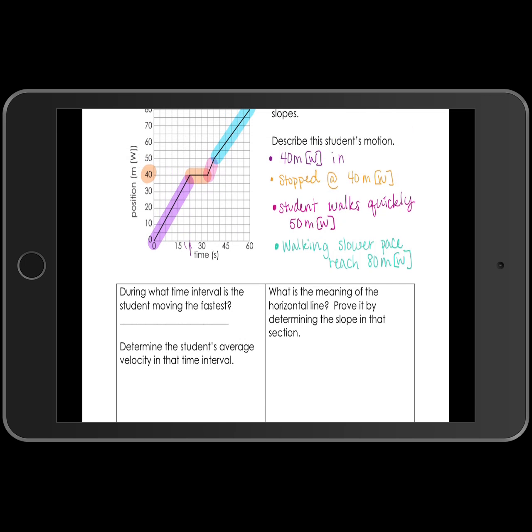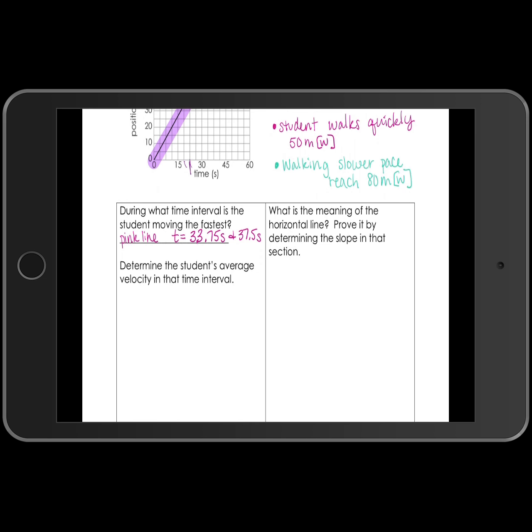It was the pink line, which is between times 33.75 seconds and 37.5 seconds.